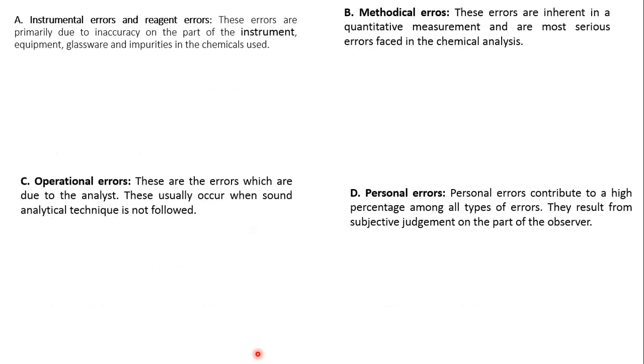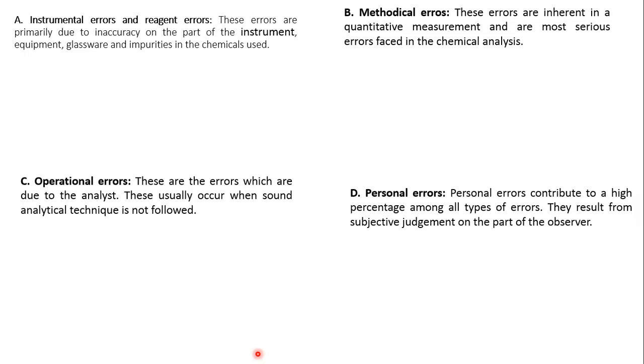First we'll try to see the sources of determinate error. Determinate error or systematic error, as the name says, it is possible to figure out from where the error is coming. Although you cannot totally remove it, you can definitely minimize the error coming from determinate sources.